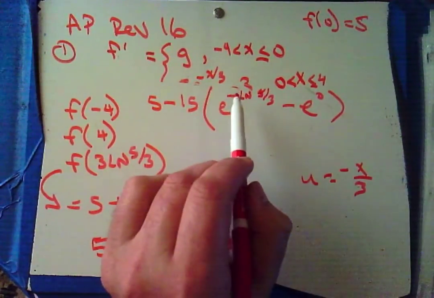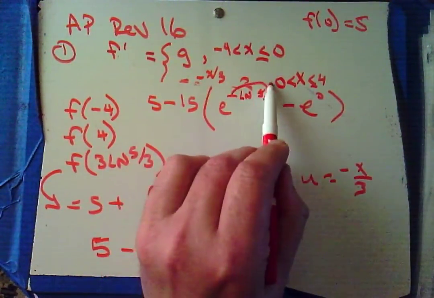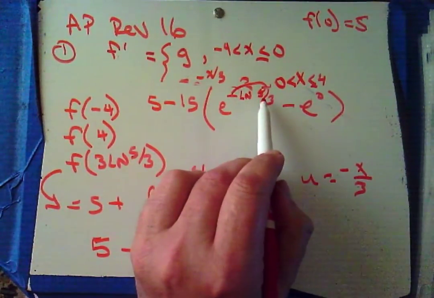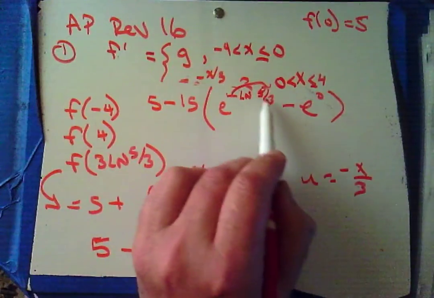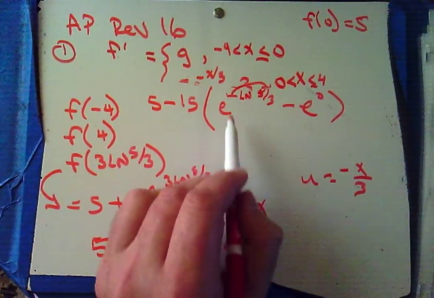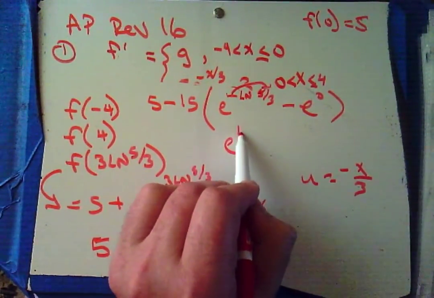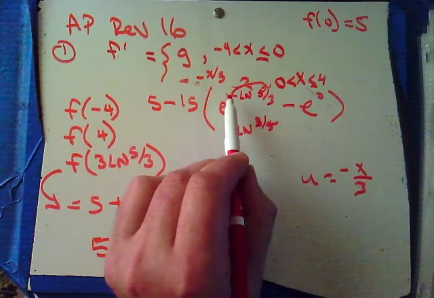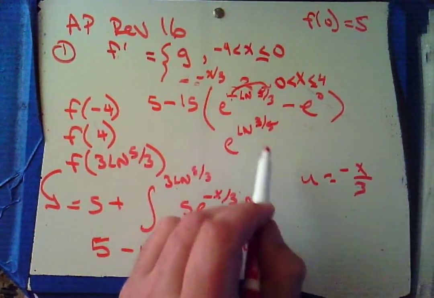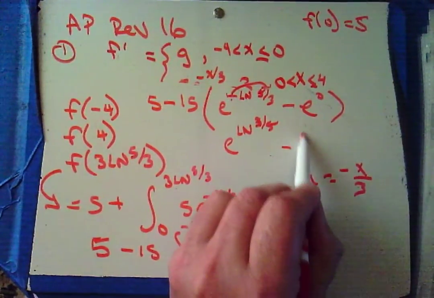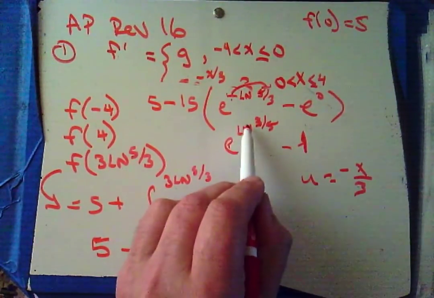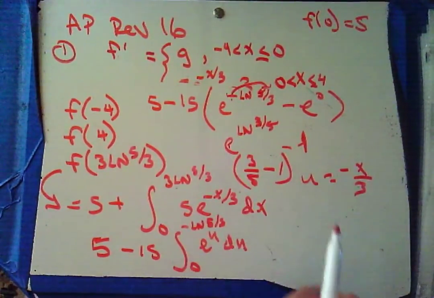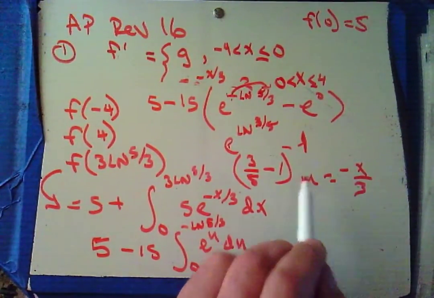Okay, I'm going to take this and pop it up there, and so I have ln to the negative 1 of 5/3, and that's going to be the same as e to the ln of 3/5, because that negative 1 power flips this, minus 1. E to the ln cancels, and I get 3/5 minus 1, which is negative 2/5.